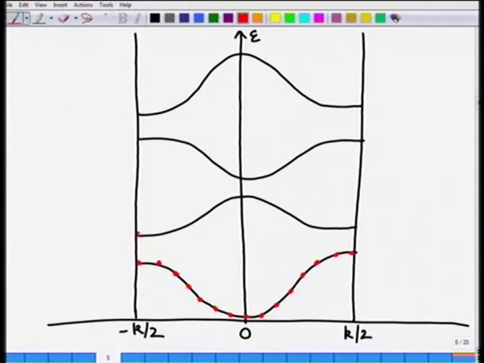Now, when I apply the electric field, let us say these electrons have drifted to one side.